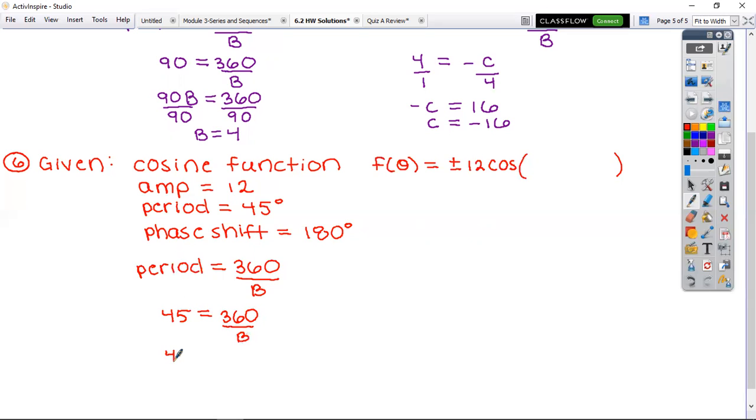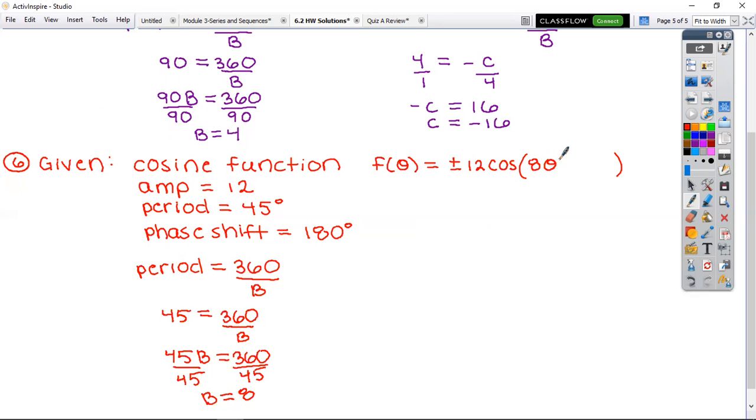And I have 45b equal to 360. Go ahead and do 360 divided by 45. You guys get 8? Yep, so b is equal to 8. I'm going to just fill it in as we go. So here I have 8 theta.